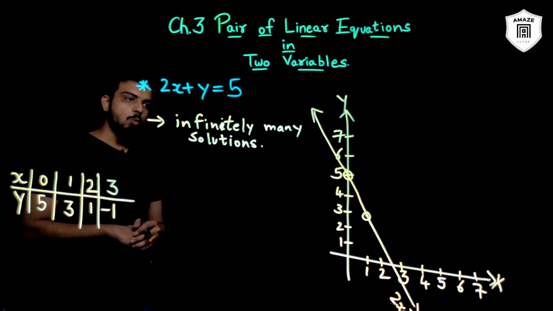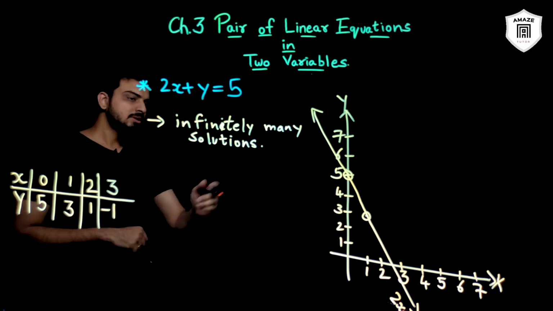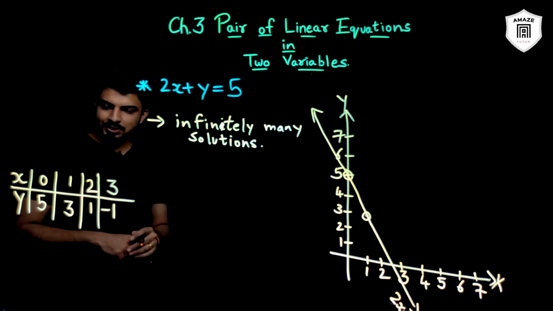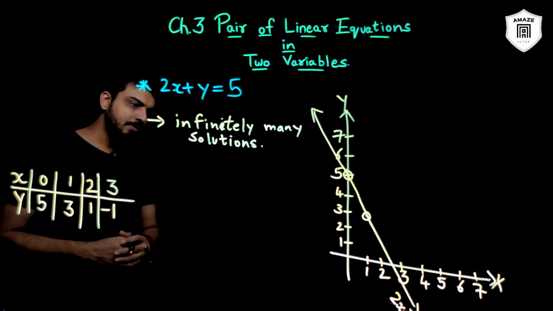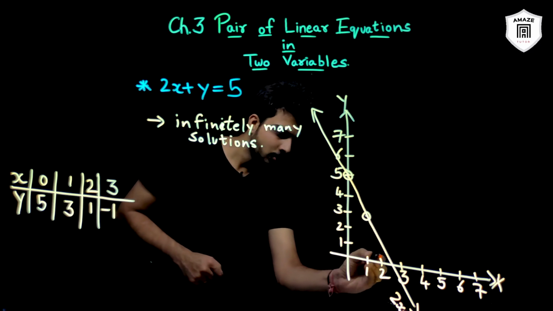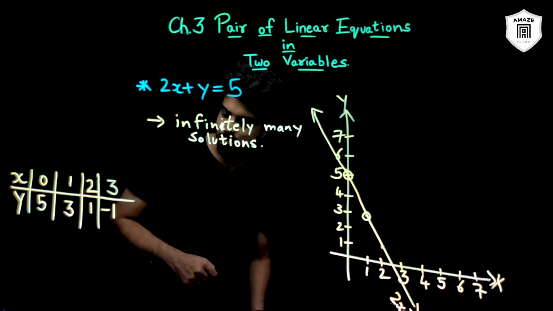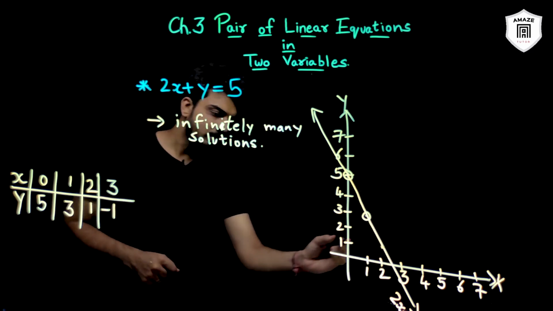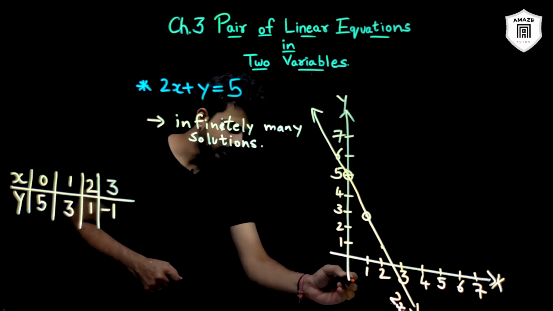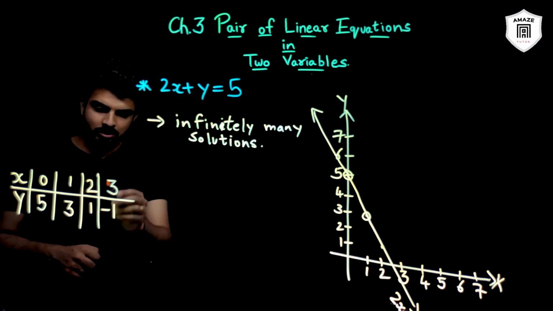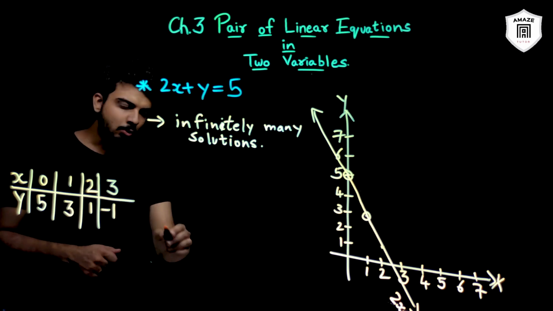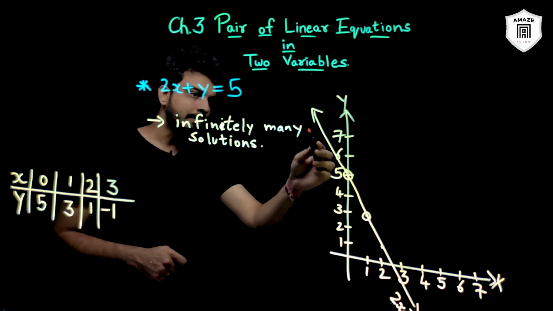Now what can you say from this graph? Look at the other values: (2, 1). So where is (2, 1)? Here it is. Okay, (3, minus 1), here it is. So all these solutions which you have taken out are points on this line.